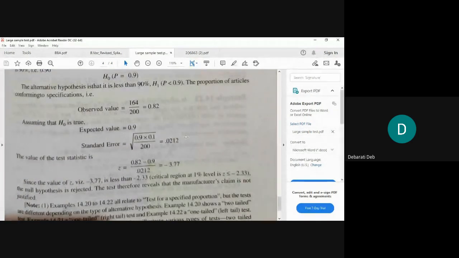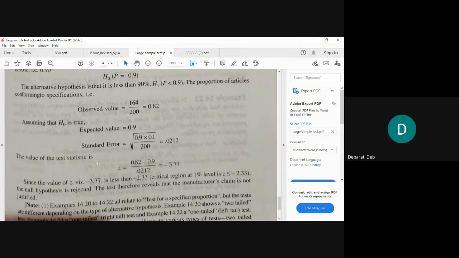0.82. Alright, so it is correct. Who answered? Rina. Okay, so it is 0.82. Now, you write this line: assuming that H naught is true. Yesterday I told you that this is a line which you always have to write before writing the expected value.